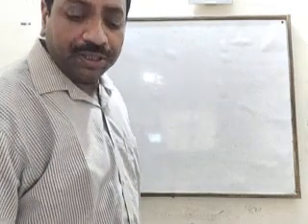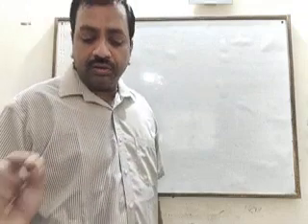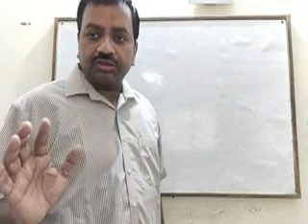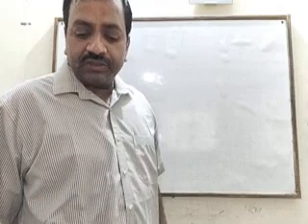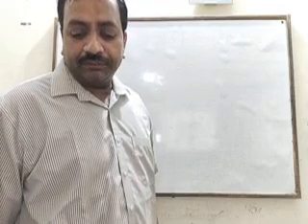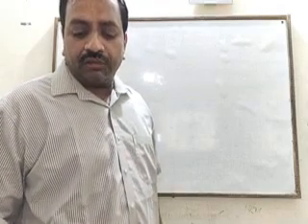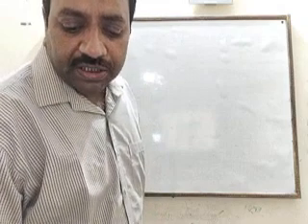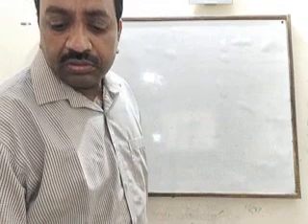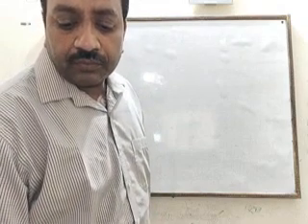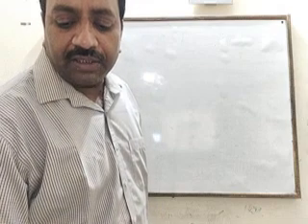In exercise 4.2, for questions number 1, 2 and 3, just change their heading. Instead of giving the first step or second step, you will use to separate the variable.